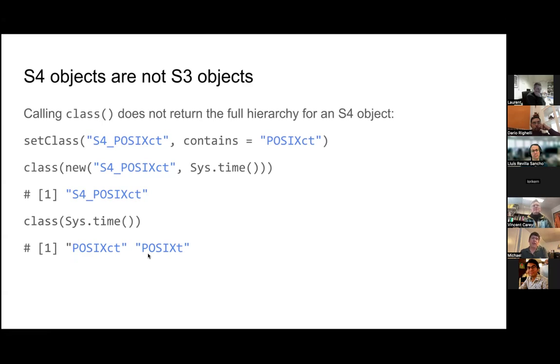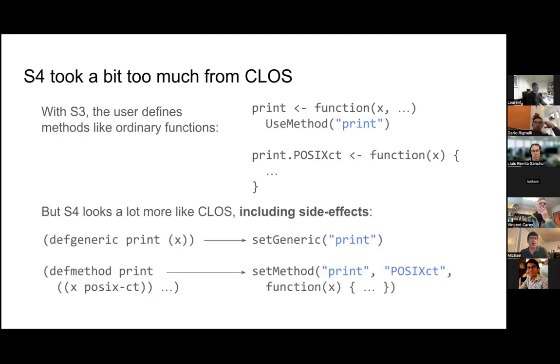And so that is actually very subtle. It makes it so these objects aren't the same. Their behavior is fundamentally different just in terms of how they express their class. So we wanted to get back to how S3 is defined, to be compatible with S3 objects. So we went that route of having a class attribute that represented the linearized hierarchy.